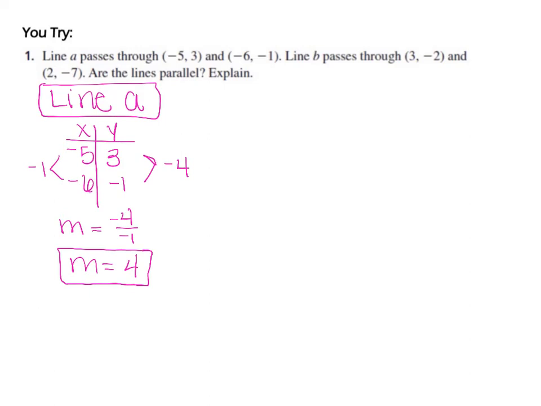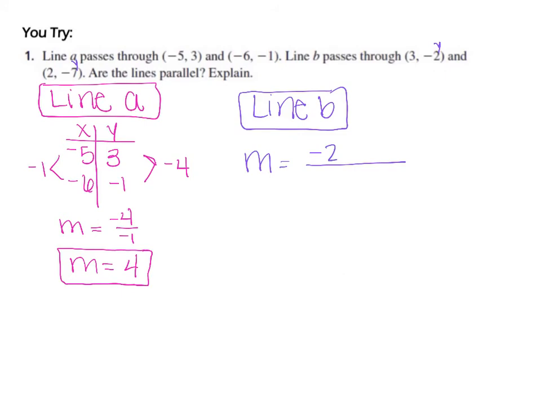Right? Line B. If I use my slope formula for this one, you can use whatever method you would like to find slope. So I need to take my 2 y's and subtract. Right? And the order I start with matters. Whichever point I start with is the point I have to start with in the numerator and the denominator.